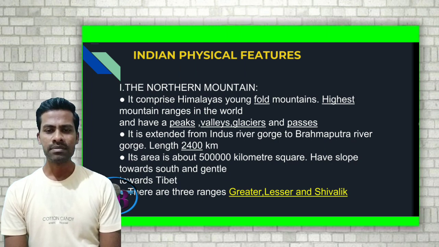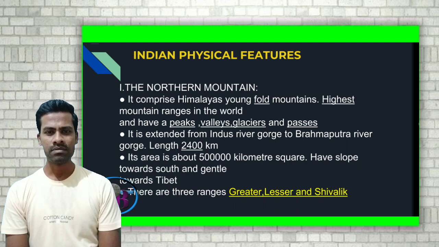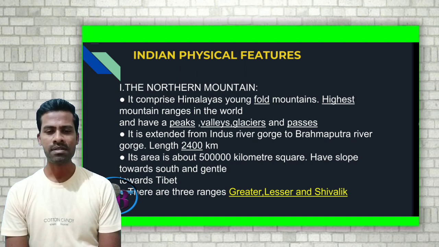Northern mountains, one of the very important physical divisions. This physical division is stretched from the Indus River to the Brahmaputra River. It is stretched about 2,400 kilometers, such a great length, between Kanyakumari and the eastern states of India.